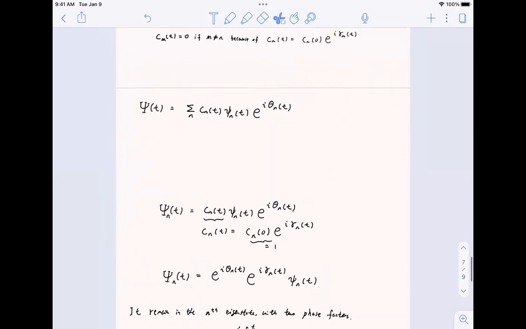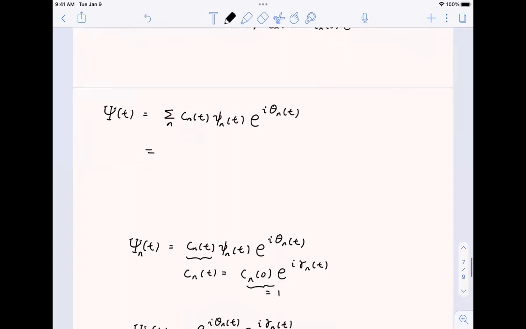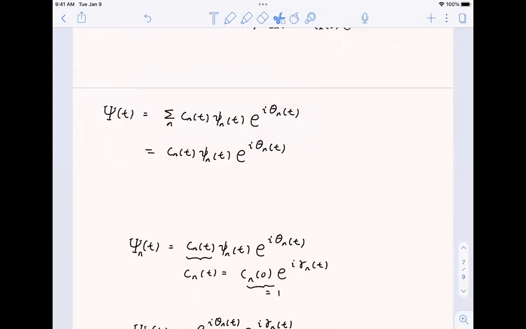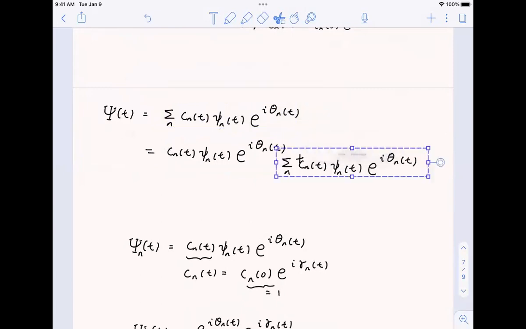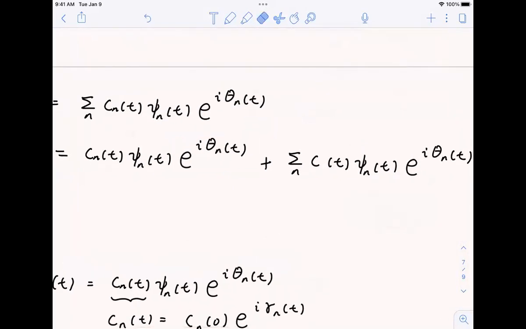You just have this one term, plus the sum over m not equal to n, and this is 0.